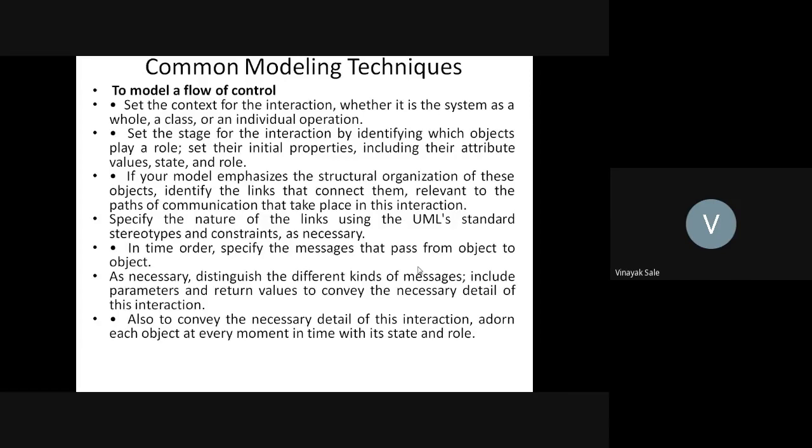Specify the nature of the links using UML's standard stereotypes and constraints as necessary. In time order, specify the messages that pass from object to object as necessary. Distinguish different kinds of messages, and include parameters and return values to convey the necessary details of the interaction. Also, to convey the necessary details of this interaction, adorn each object at every moment in time with its state and role.